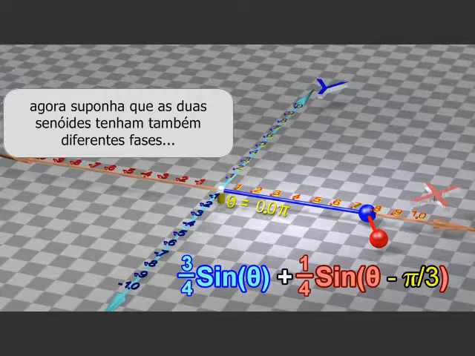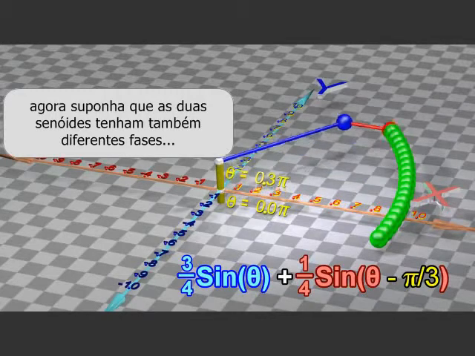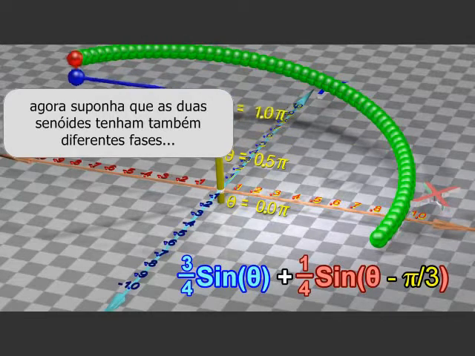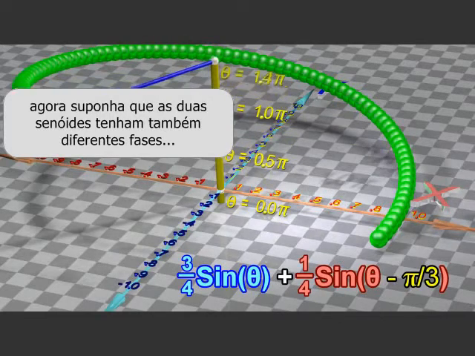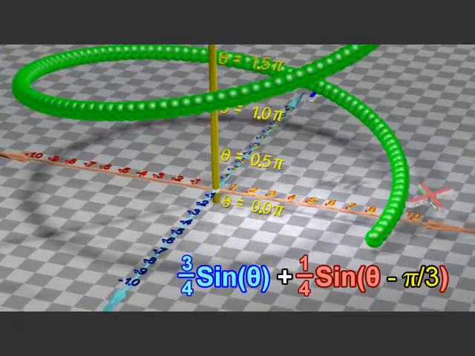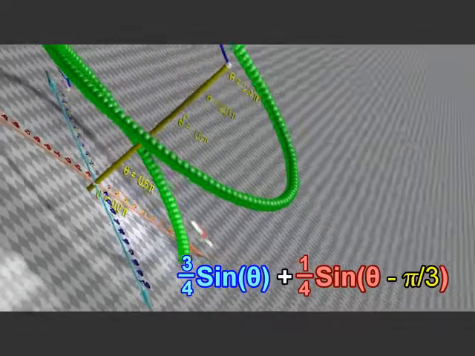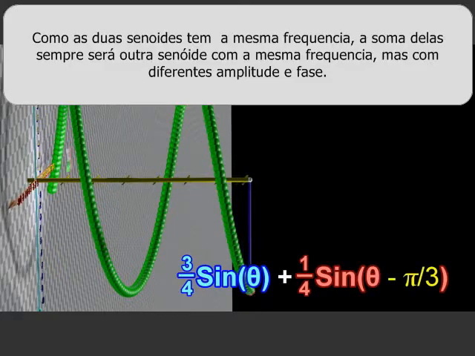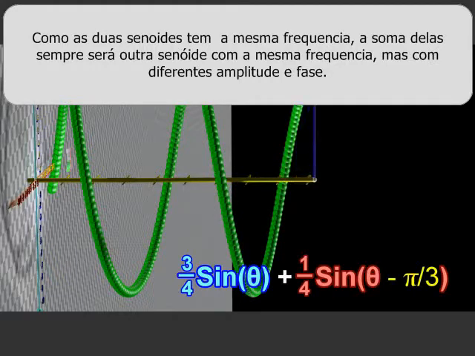The sum of these two waveforms can be represented graphically like this. So long as the two sine waves have the same frequency, their sum will always be another sine wave of the exact same frequency, but with a different amplitude and phase.